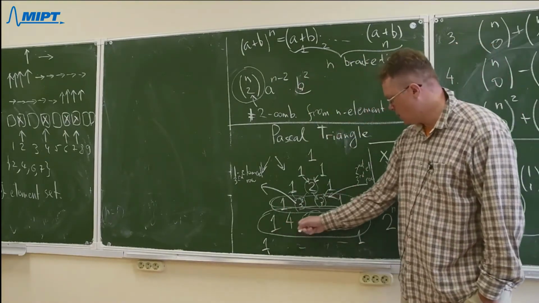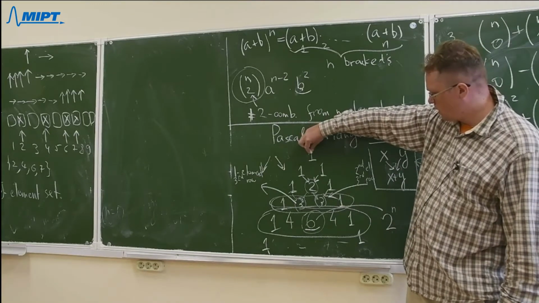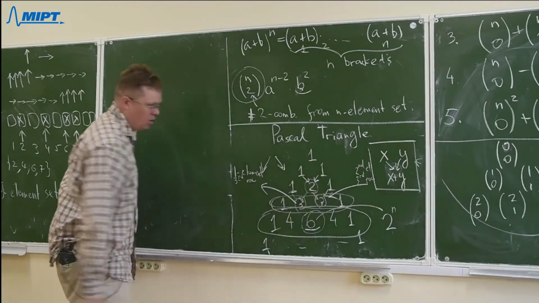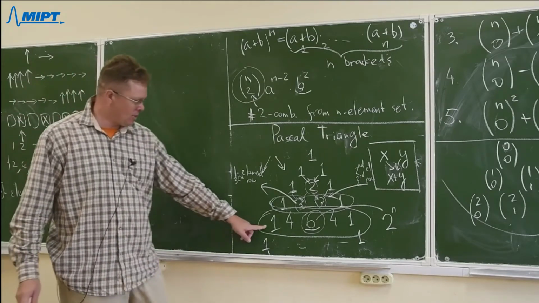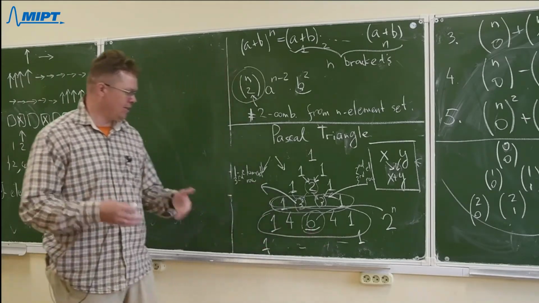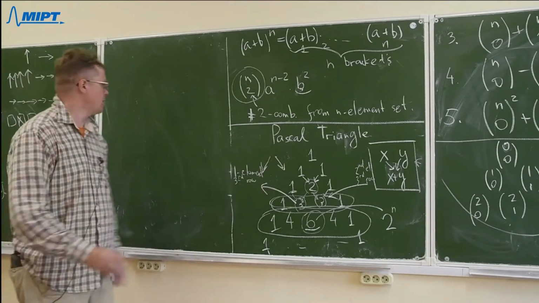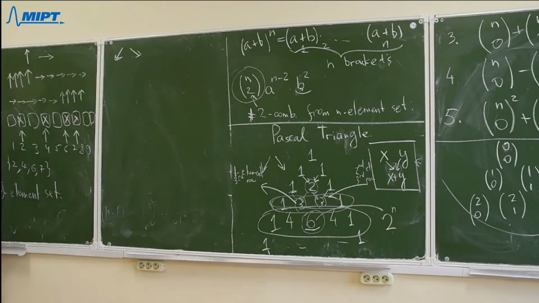These numbers are the possible ways of going from the upper point to the fourth row, going to the left or to the right. So the sum of these numbers is all the possible ways of going 4 steps from this point. I have these 2 types of arrows, going to the left and going to the right, and I have 4 steps.